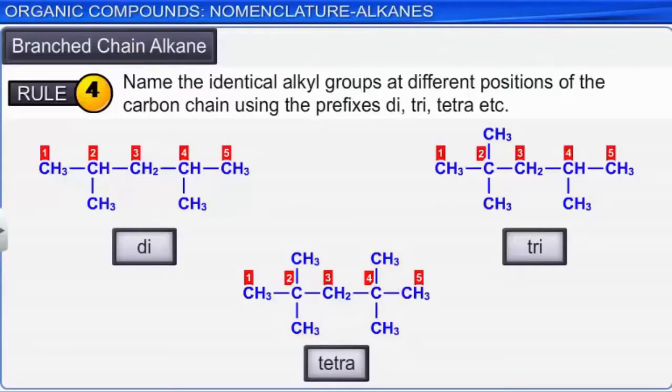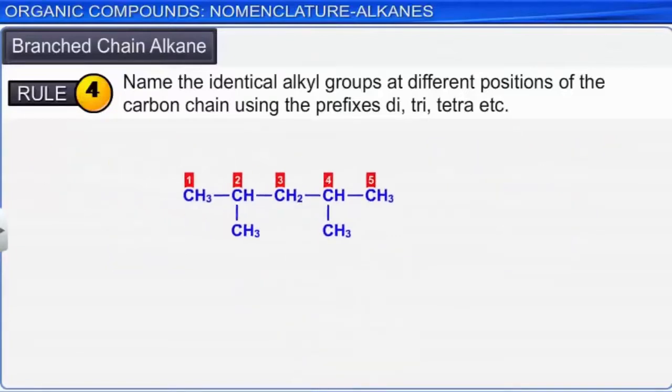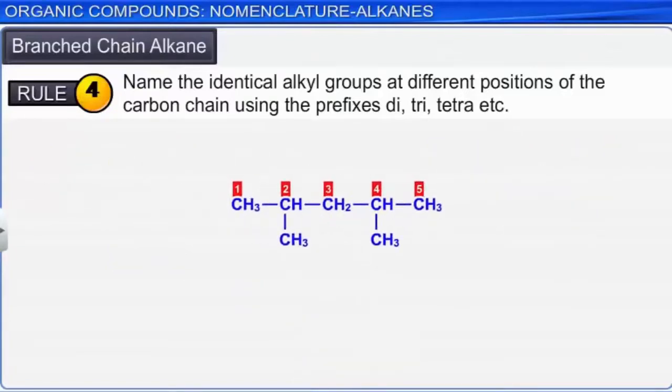For example, while naming the following compound that has 2 methyl substituents at positions 2 and 4, the prefix di is used. Hence, the name of the compound is 2,4-dimethylpentane.